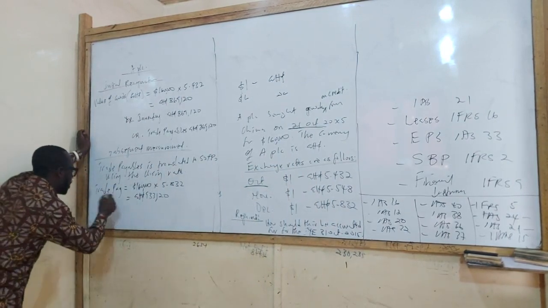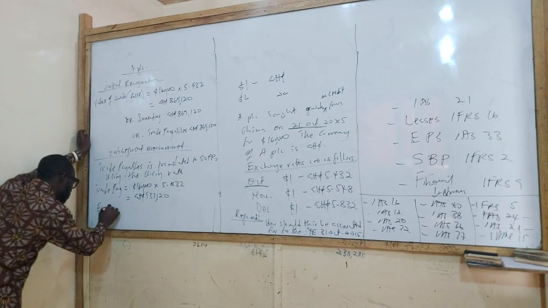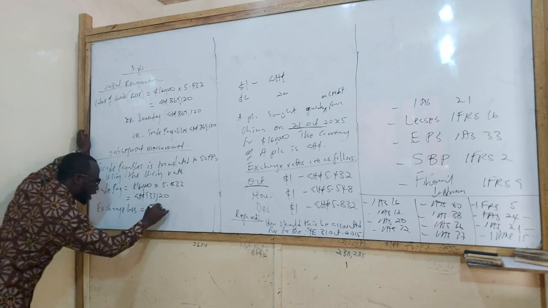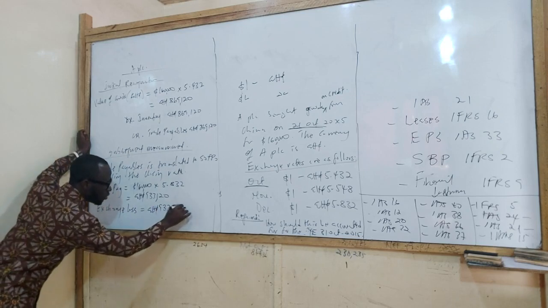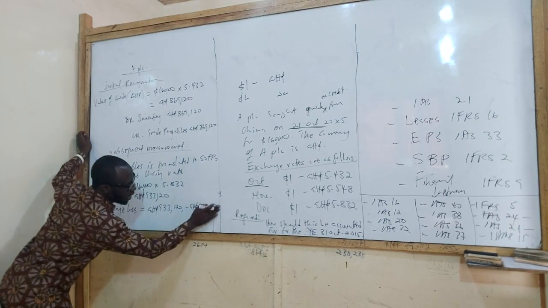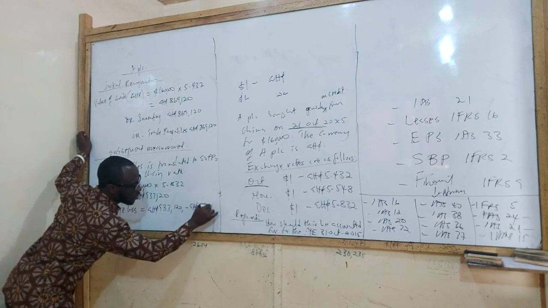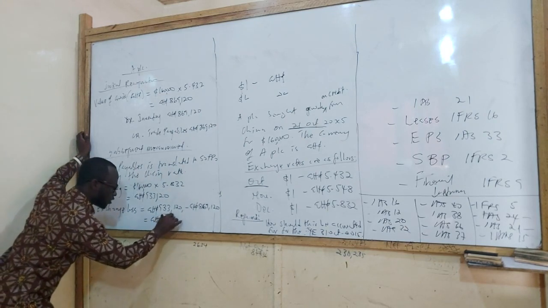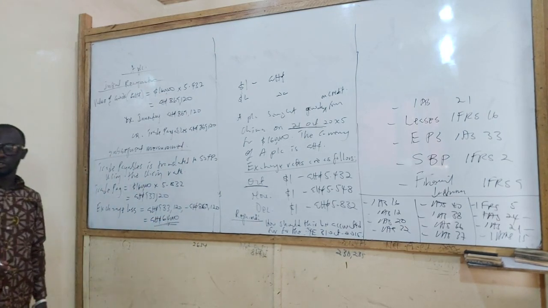So we're going to find an exchange loss, and that's going to be 933,120 minus 869,120, which is 64,000. You got a picture?